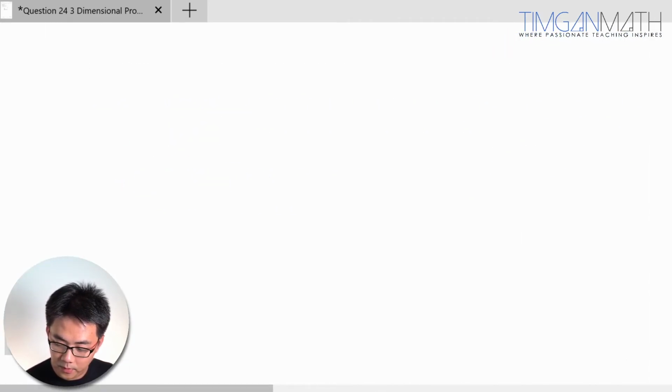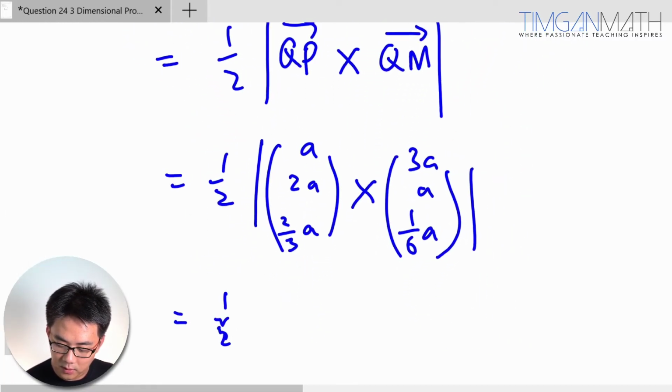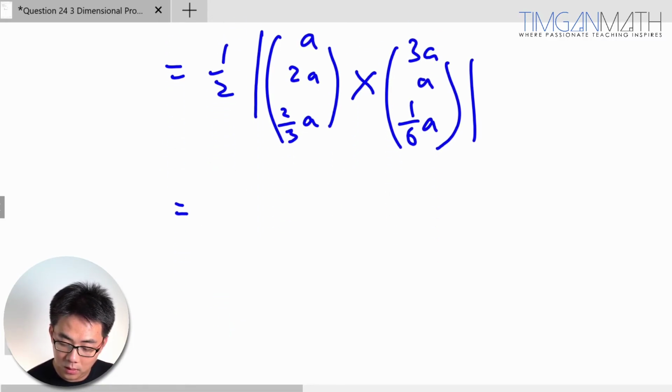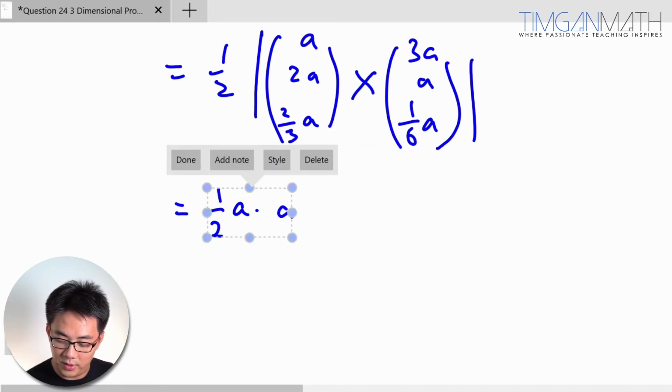Okay, then what I'm going to do is I'm just going to factorize the A out as usual. So 1 over A, bring it out, and I'll bring another A out because it's very annoying. I can bring the 3 out actually, so I'm just going to bring the 1/3 out as well. Okay, maybe it's very confusing.